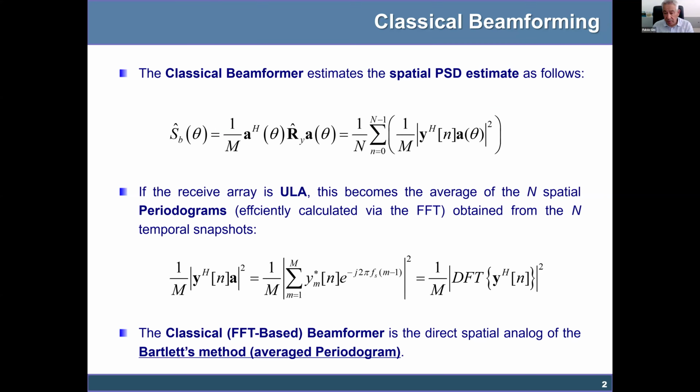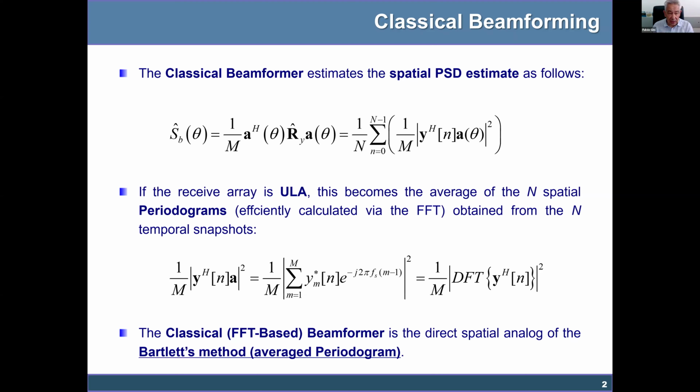So far, the only beamformer that I talked about is the classical beamformer. It's a special FIR filter with impulse response matched to the array response. So it's a matched filter in practice.